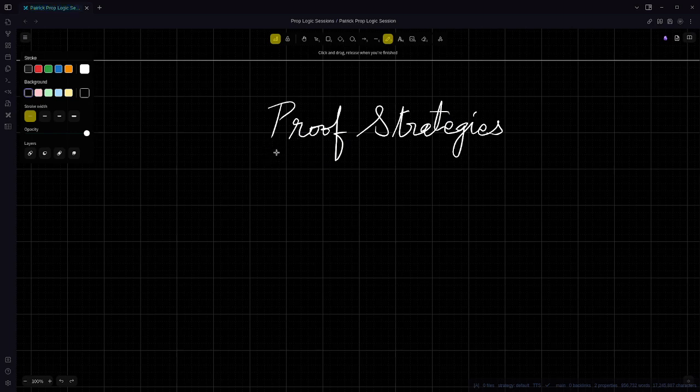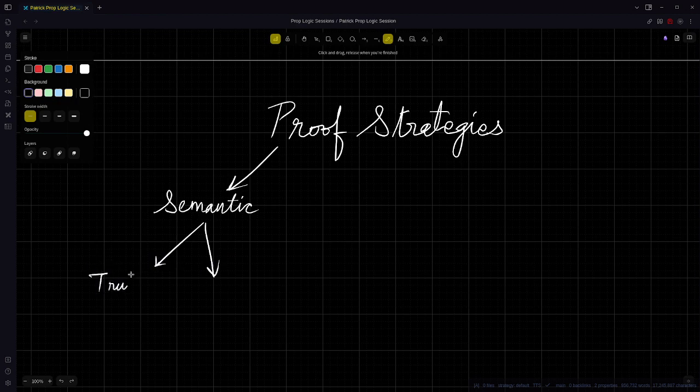We already know that you can prove something using a semantic technique, like truth tables, and you can have truth trees.